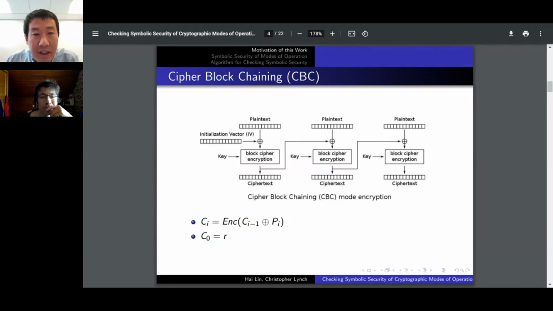But in order to encrypt the first plaintext block, we have to define what a zeroth ciphertext block means. So the zeroth ciphertext block is defined to be R, which is some initialization vector. So it's a randomly generated block.